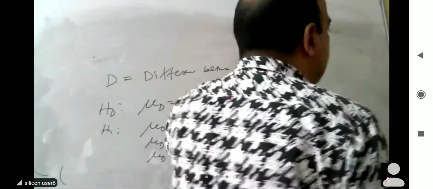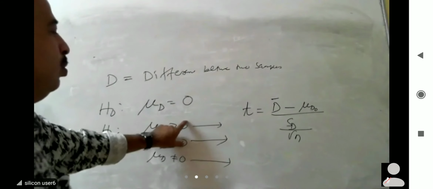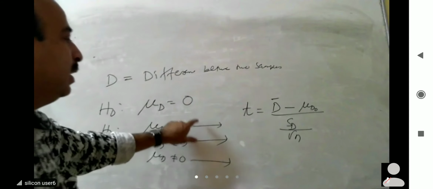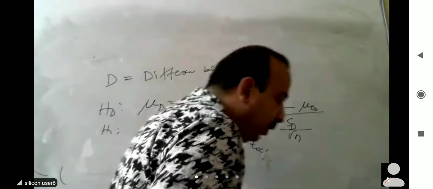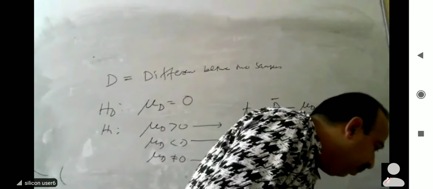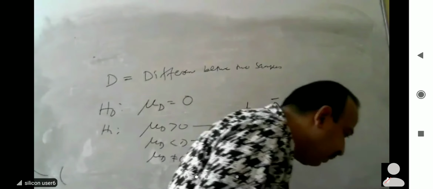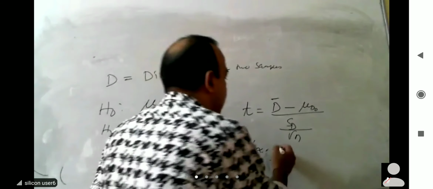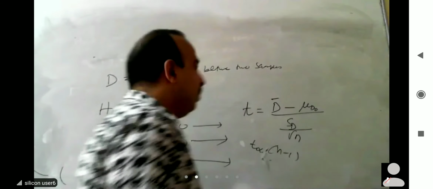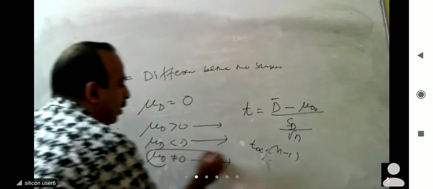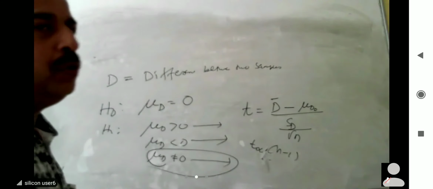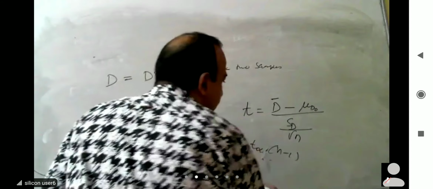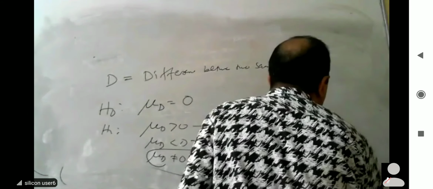You use T alpha with n minus 1 degrees of freedom.